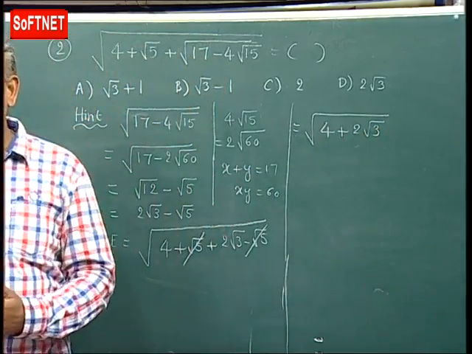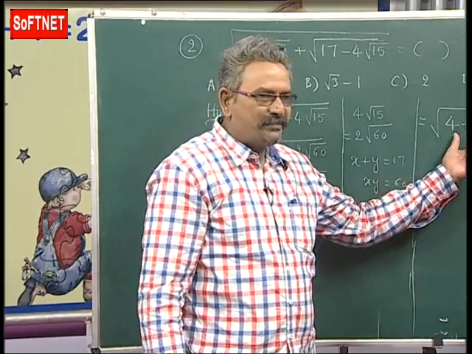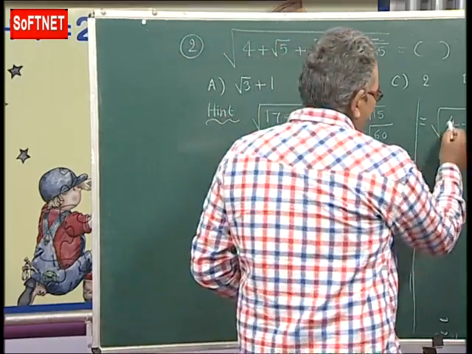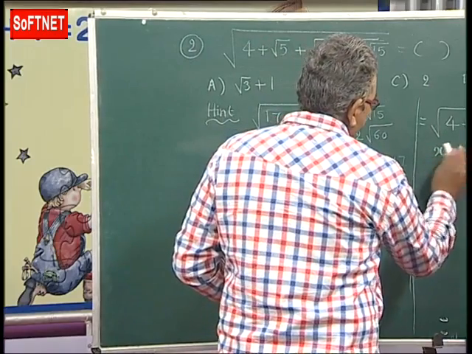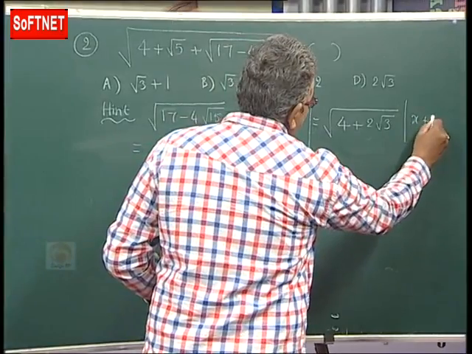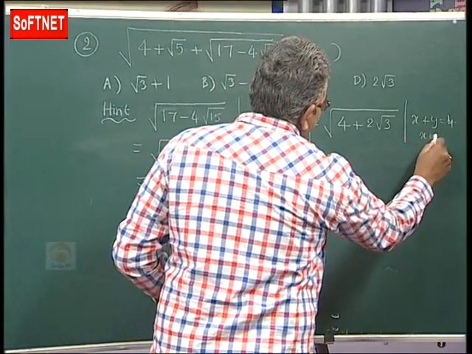Again we have to find out the square root. That is in the form of x plus y plus 2 root xy. Here, x plus y is equal to 4, xy is equal to 3.